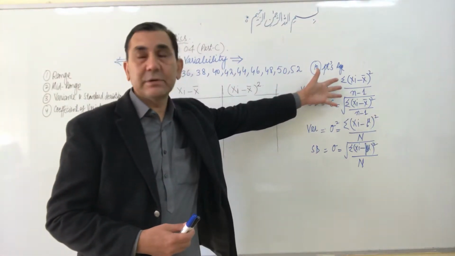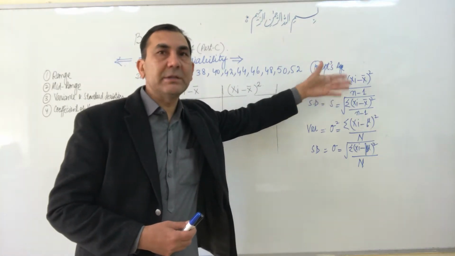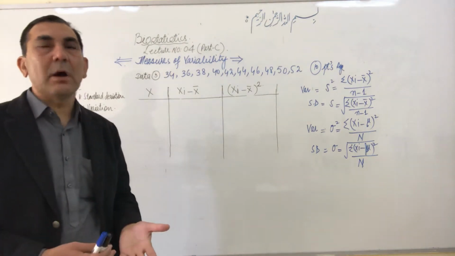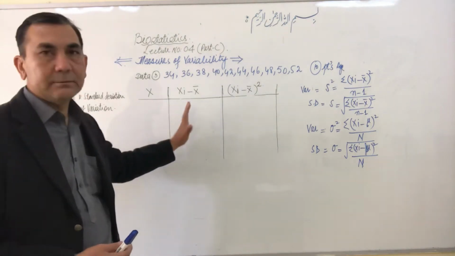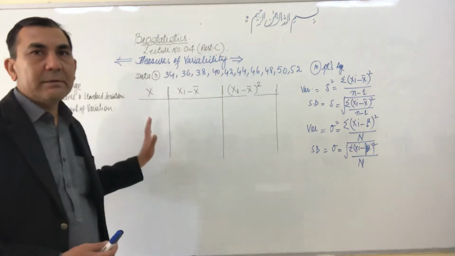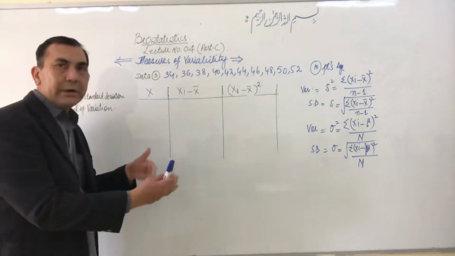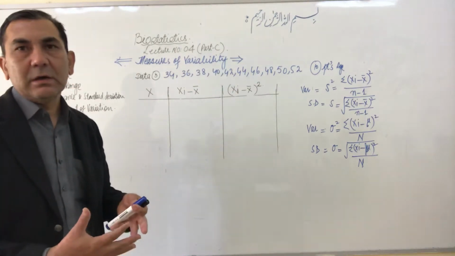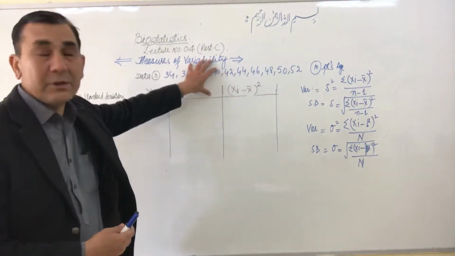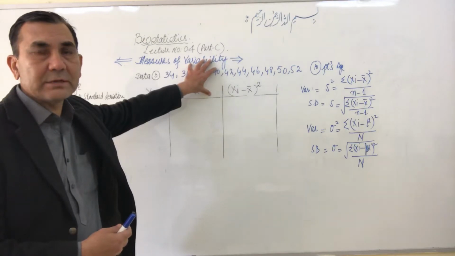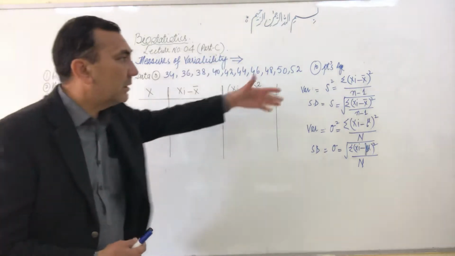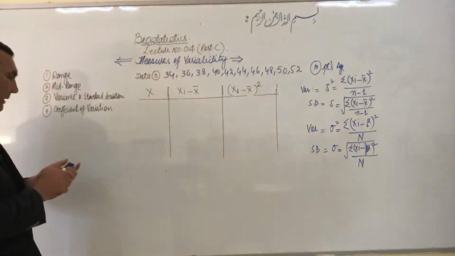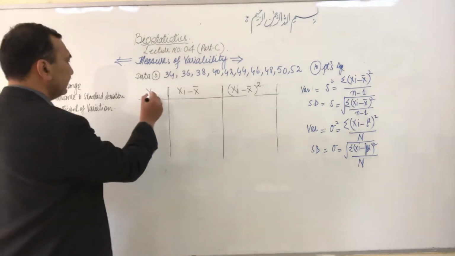We can calculate directly in the formula, but here I solve this problem by a table which I wrote down for you all. It is the easiest way to solve this numerical of the variance and standard deviation, instead of putting it directly in the formula. Now this is the xi.